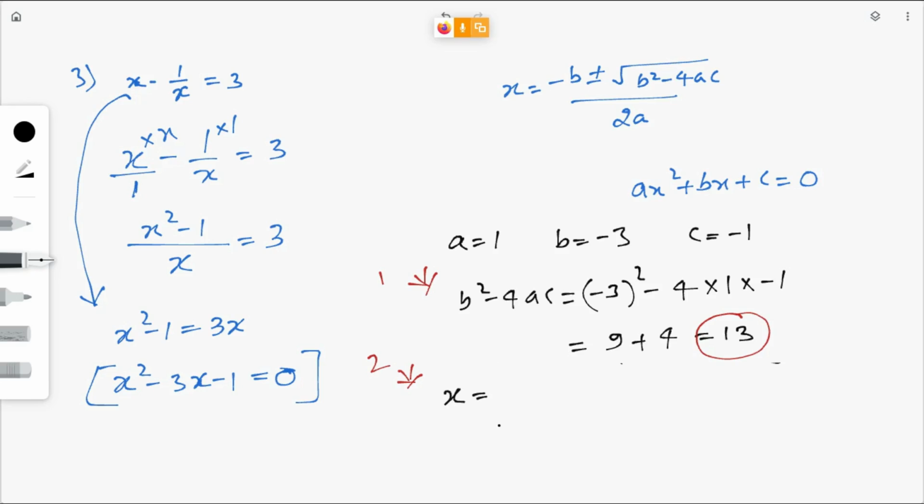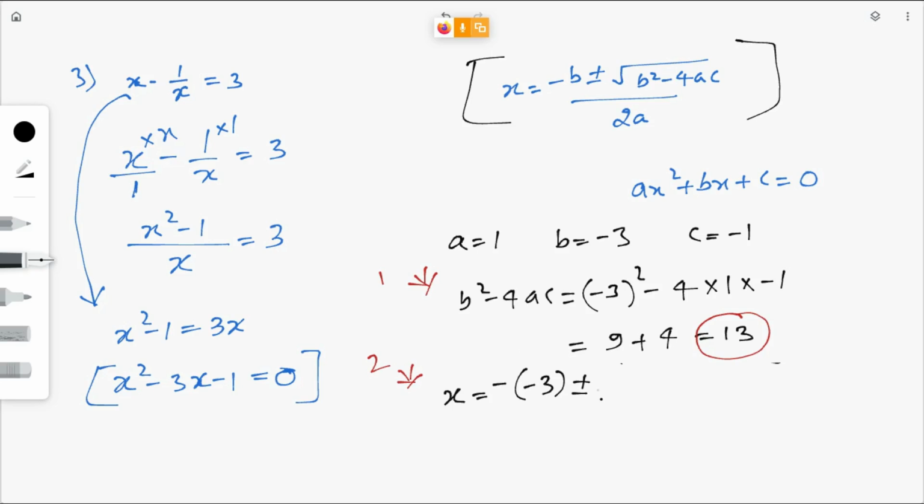How do you find x using the quadratic formula? x is equal to minus of minus 3, right? Because b is minus 3. You need to take this sign also. If it is just 3, you could have taken minus of 3. As it is minus 3 here, you need to take minus of minus 3, because b is minus 3.